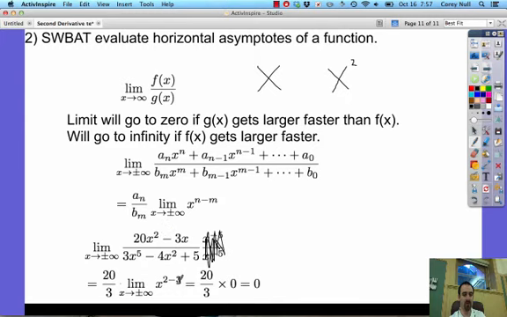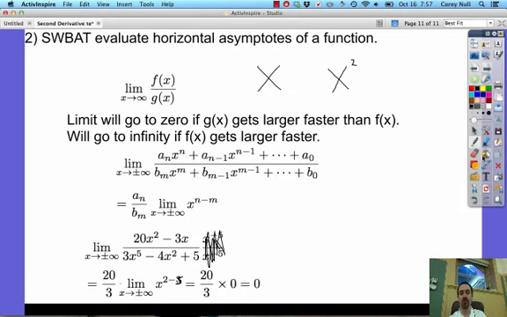Another typo, pardon me. 2 minus 5. Now 2 minus 5 is negative 3. So this is 20 over 3 times the limit as x goes to infinity or negative infinity of 1 over x to the third. This goes to 0, which means that I get 20 over 3 times 0, which is 0, which is the same as the previous one that I got.